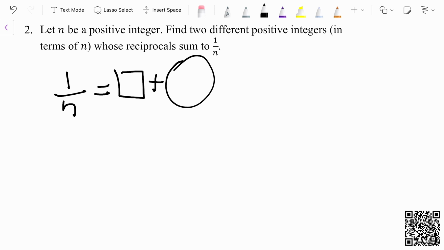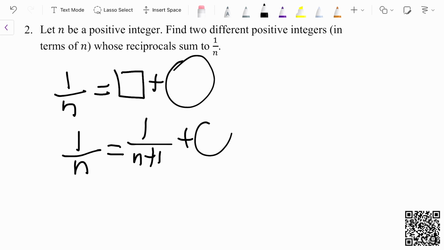Anyways, there are a lot of answers to this problem, but let's stick with the easiest one. Since these are positive integers, they both have to be smaller than n. So, I'm going to go with the easiest solution here and go with 1 over n equals 1 over n plus 1 plus circle.